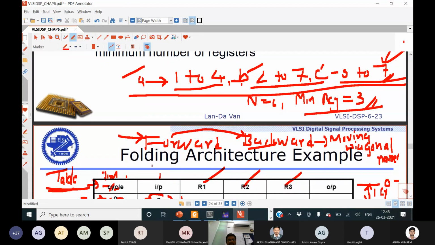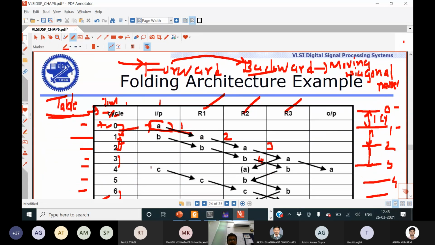For forward backward allocation, I will always draw a three column table: R1, R2 and R3. Before that, you need to put input and output. This is a standard procedure that you need to follow.